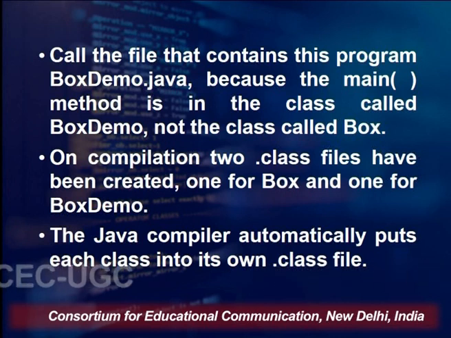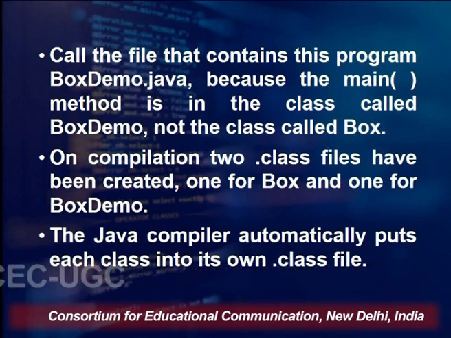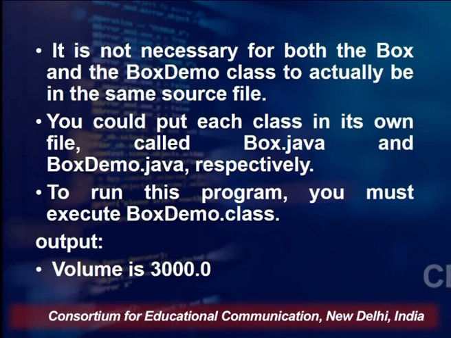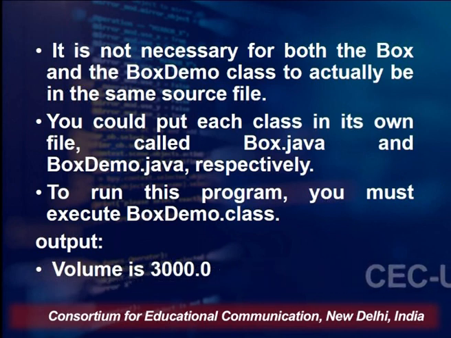So two separate files for two classes, and it is also not necessary for these two classes to be in the same source file. They can have different source files, and you could put each class into its own separate file called Box.java and BoxDemo.java.